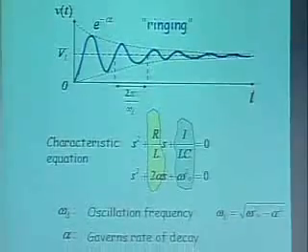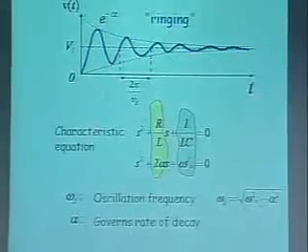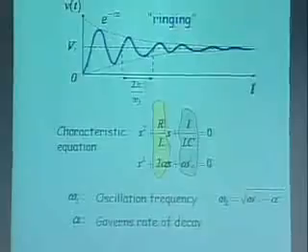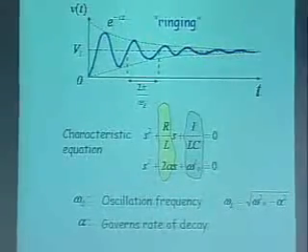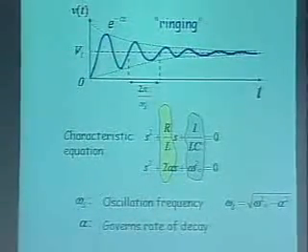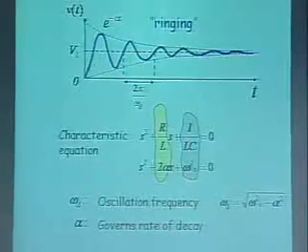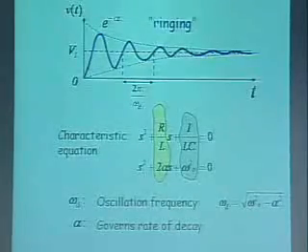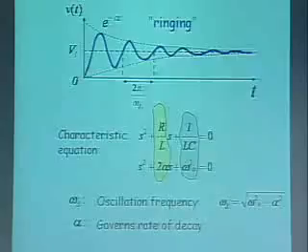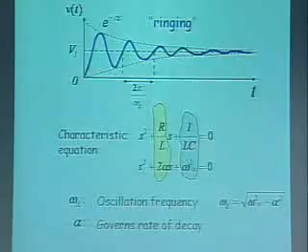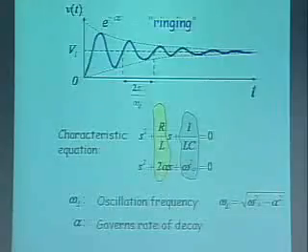Alpha governs how quickly your sinusoid decays. Okay, so e to the minus alpha t here is the envelope that governs how quickly my sinusoid decays. Okay? And notice that each of these terms, alpha and omega naught, comes directly from my characteristic equation. Which means that once you get your characteristic equation, you really don't have to do much else.